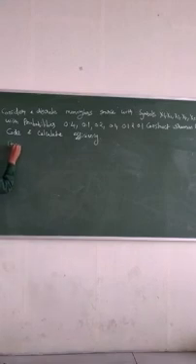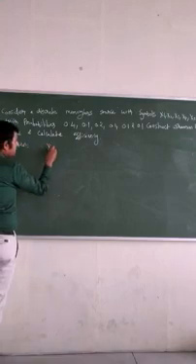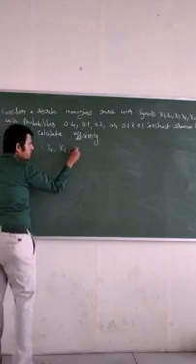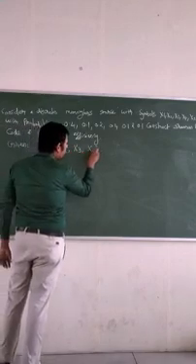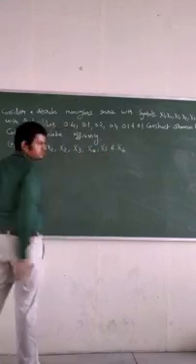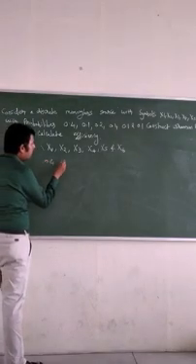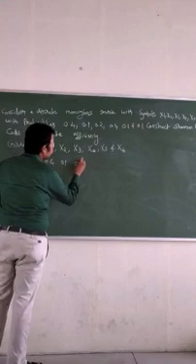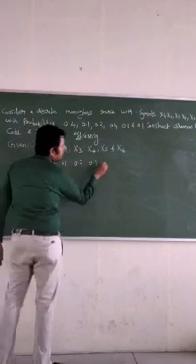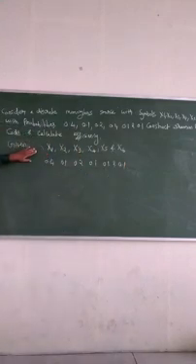First, write what is given. Given are x1, x2, x3, x4, x5 and x6, and their probabilities, that is 0.4, 0.1, 0.2, 0.1, 0.1 and 0.1.